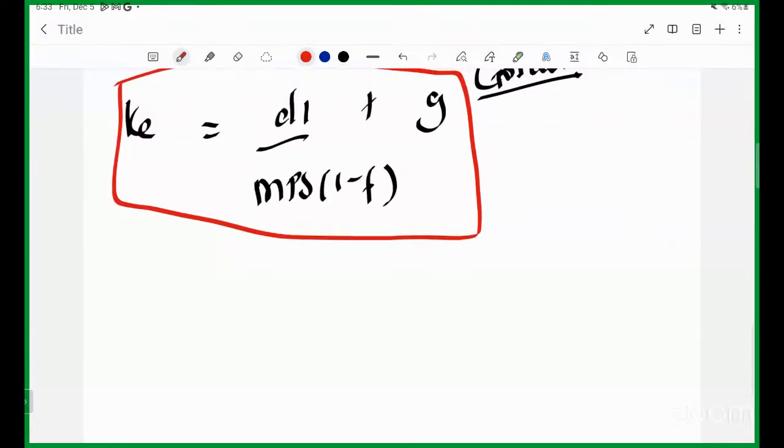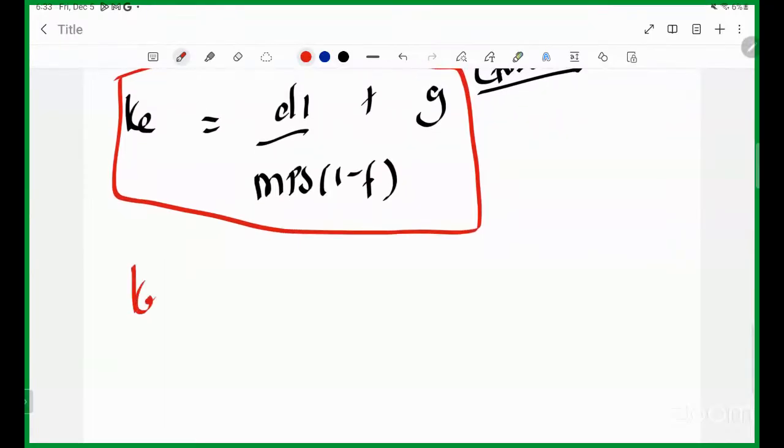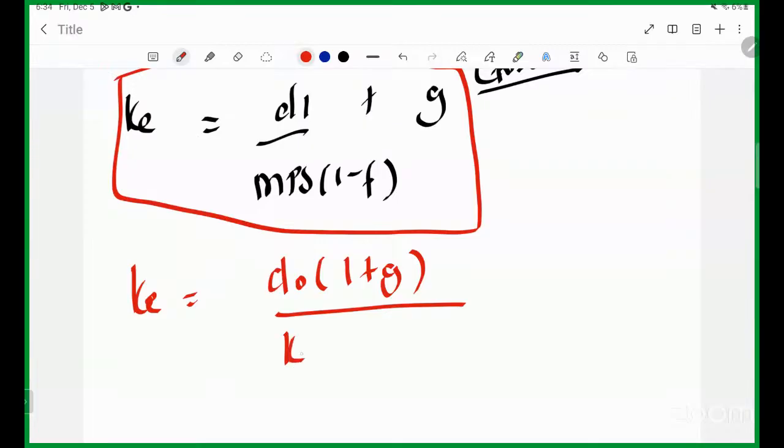So if you are going to find the cost of equity when you don't have the future dividend, but you have the current dividend, you would compound the current dividend, D0, into D0 times (1 plus G), over market price per share.